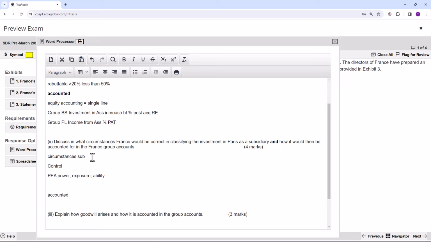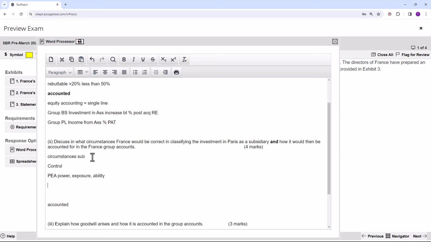All right? Now, with a holding of only 40%, it's not that the force is not with you. You need something extra. You need some extra evidence that you have control. And so the simplest one, I think, would be an agreement with other shareholders.